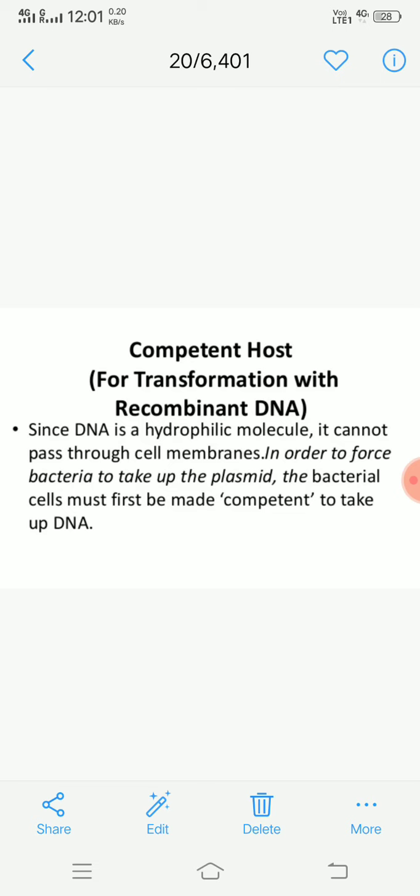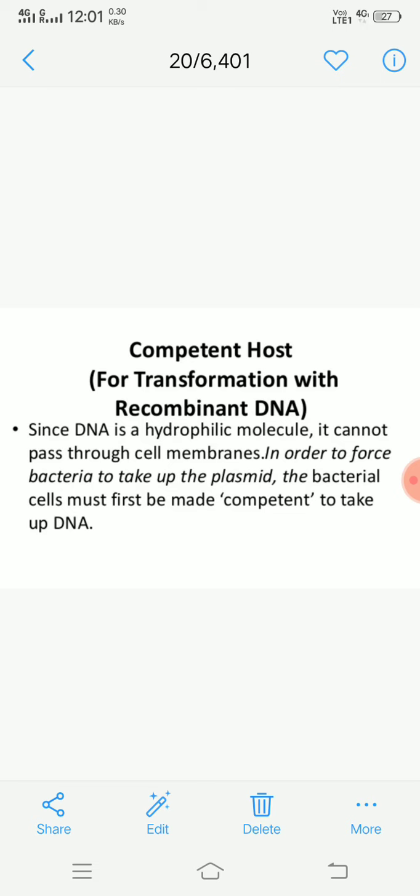Now, competent host cell. What is meant by competent host cells? Competent cells means the E. coli cells or any bacterial cells which are more competent to incorporate rDNA. If the cell wall is altered so that DNA can pass through easily, such a cell is known as a competent cell.